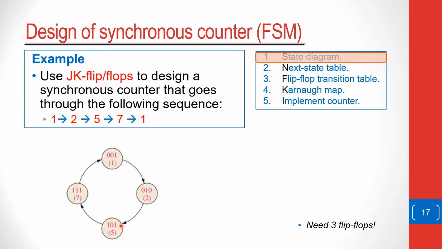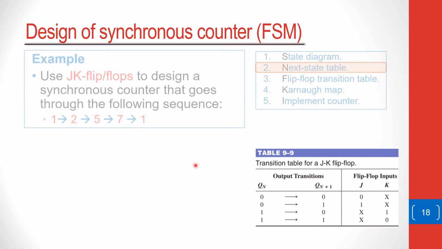And because you see 5 requires 3 bits, we'll encode the rest of this with 3 bits, because all of these four states can be represented with 3 bits. So we will require them to represent all of the states in 3 bits, and therefore similarly we're just going to require 3 JK flip-flops.